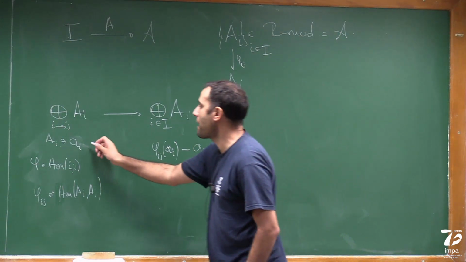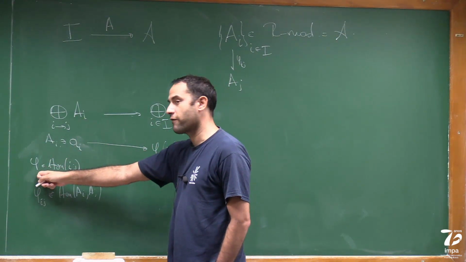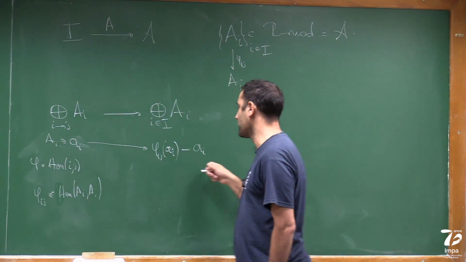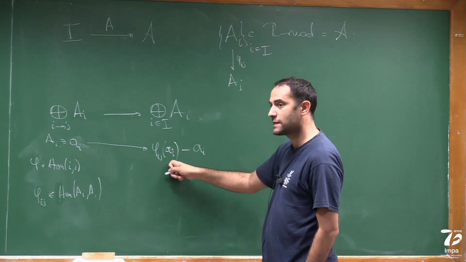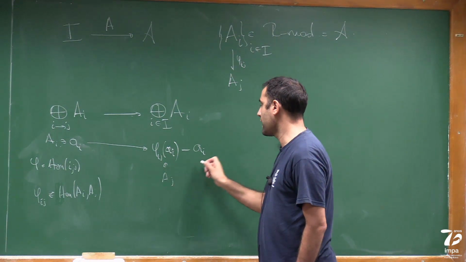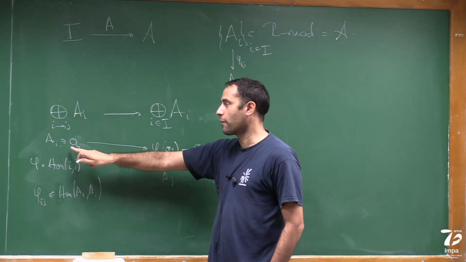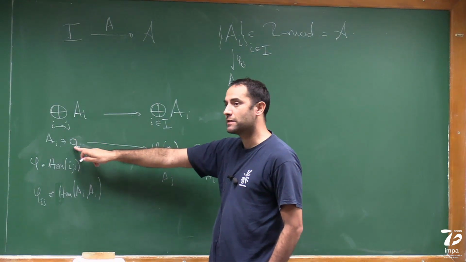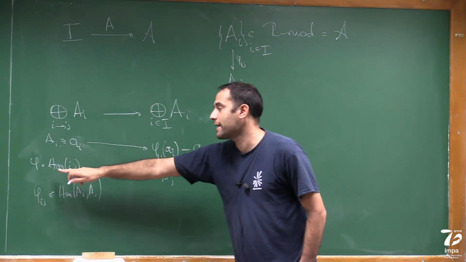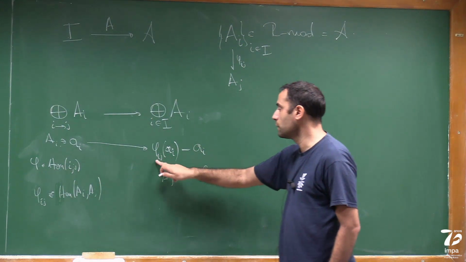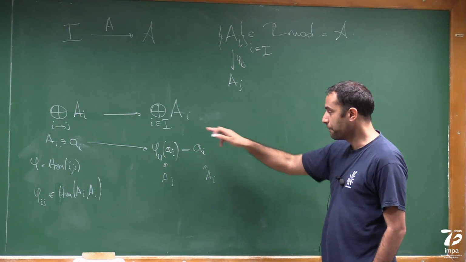So that's the map that sends a_i in the component given by this arrow phi to this difference. This is not homogeneous: it has two components, one in A_j and one in A_i. And of course, if you take the identity arrow from i to i and any element, this goes to a_i minus a_i, which is 0 in this sum.